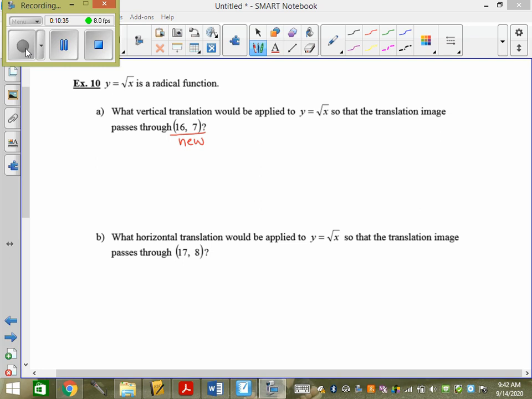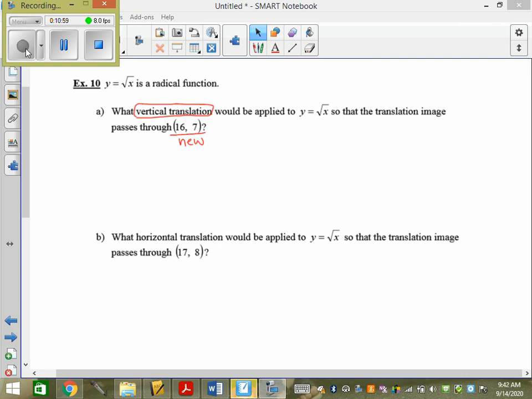All right, we're back. So we need the original point, correct? They can only ask us a question like this because they gave us one translation. So they want the vertical translation. So if we only did one translation, then the y changed, but the x did not, right?